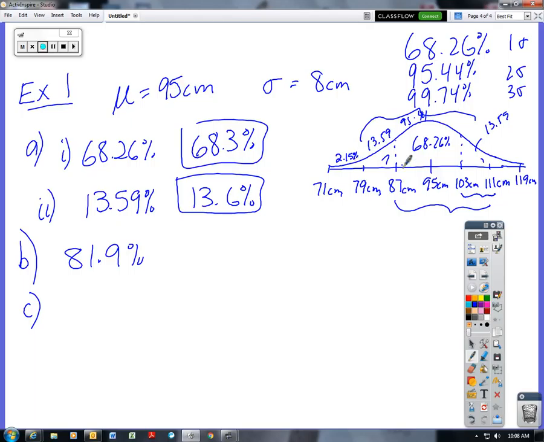Could it just be that 13.59, that's 13.6, plus 2.2, what does that equal? 15.8%. That's pretty darn close to 16. Plus you have this little bit left out here too. So this plus this plus this, right here is where your K would be. So your K would be 87.